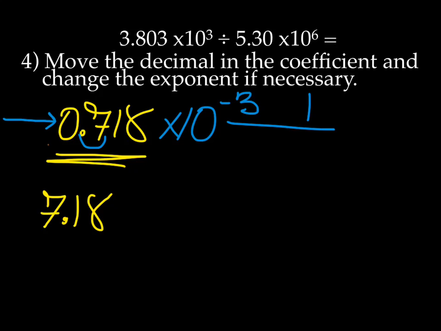Our original number is 0.718. Is it larger or smaller than 1? It's small, and small is a negative. So our exponent is now times 10 to the negative 3 minus 1. Instead of writing that, we'll write 10 to the negative 4. So as a final answer, we have 7.18 times 10 to the negative 4.